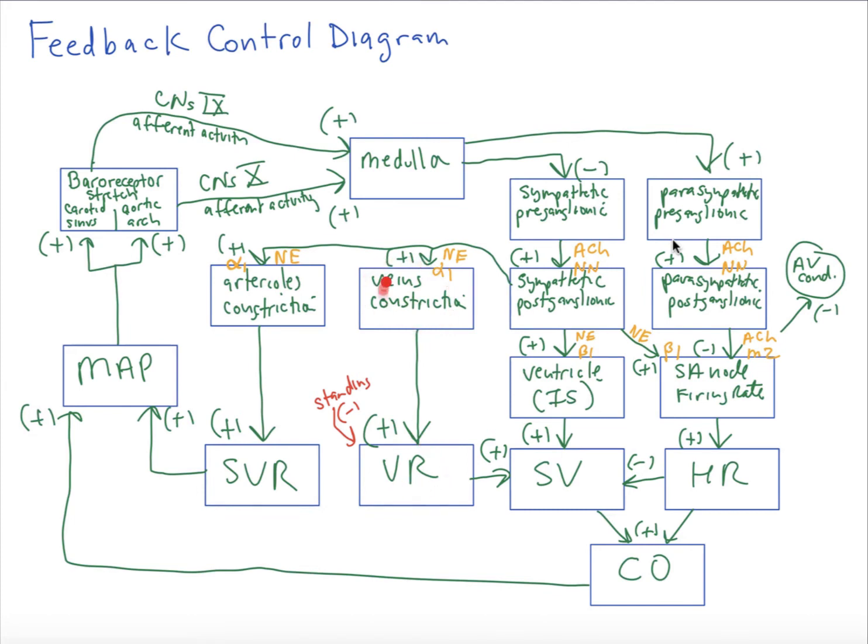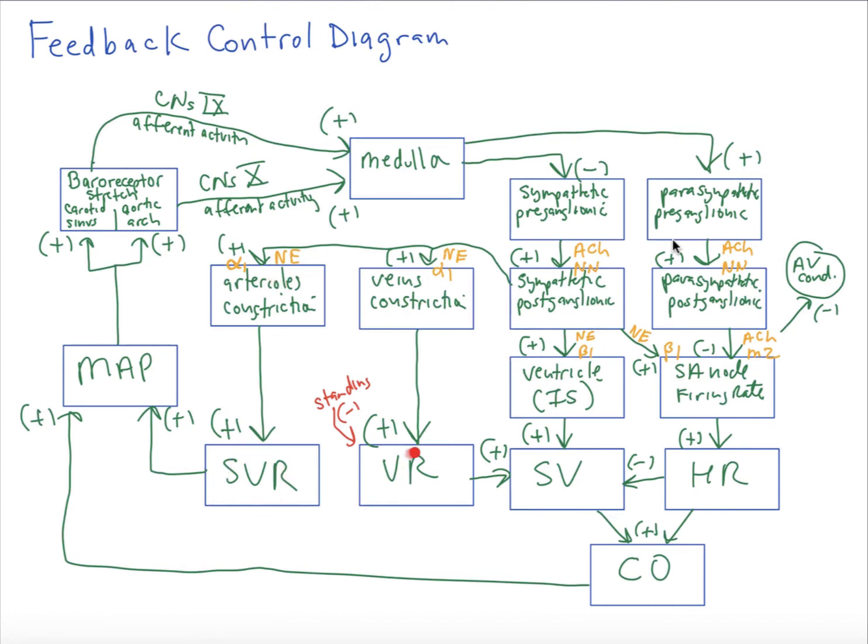When the veins relax and pool blood, they decrease the venous return. So that's a positive relationship. And for the arterioles, remember they're inversely related to the resistance, to the fourth power actually. If the arterioles constrict, I get an increase in SVR. And if the arterioles dilate, I get a decrease in SVR.